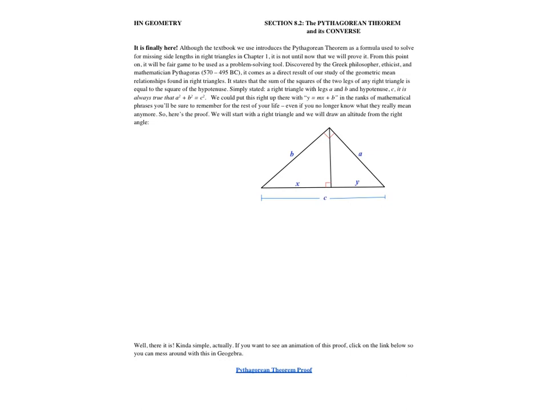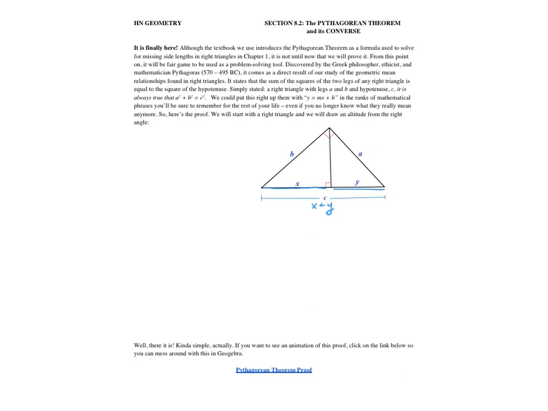And from our work in the last section with geometric means, we realized that what I've been calling the slanty side, or this leg over here, is the geometric mean between x, this portion of the hypotenuse that's closest to it, and the entire hypotenuse. So what I might want to do right off the bat is label this C as being literally just x plus y. It's this distance added to this distance. So we can think of that entire distance as x plus y.